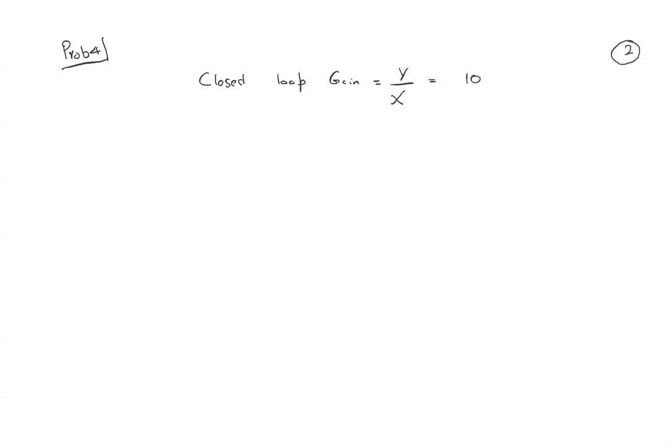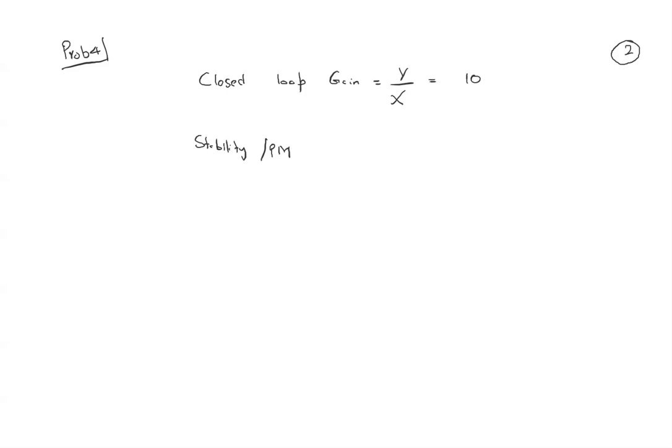And then you needed to find the stability or phase margin of the system. So how should you proceed?